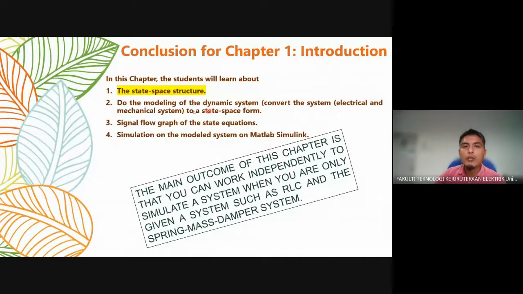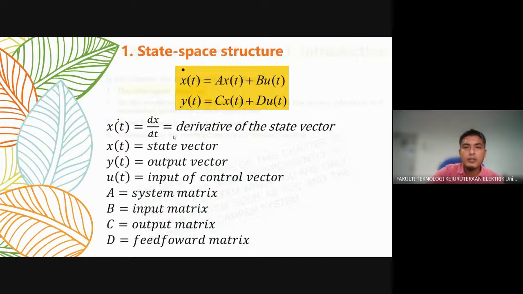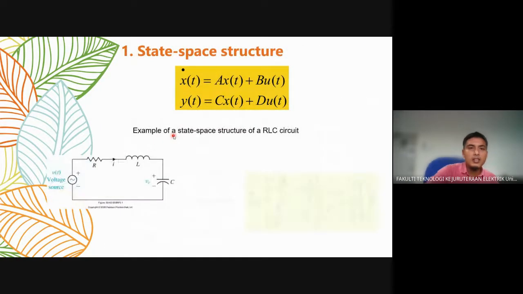We will focus on this this week, and next week on number 3, the signal flow graph for the state equations. Later on, in week 5, you will do the simulation of the model system using the MATLAB simulator.